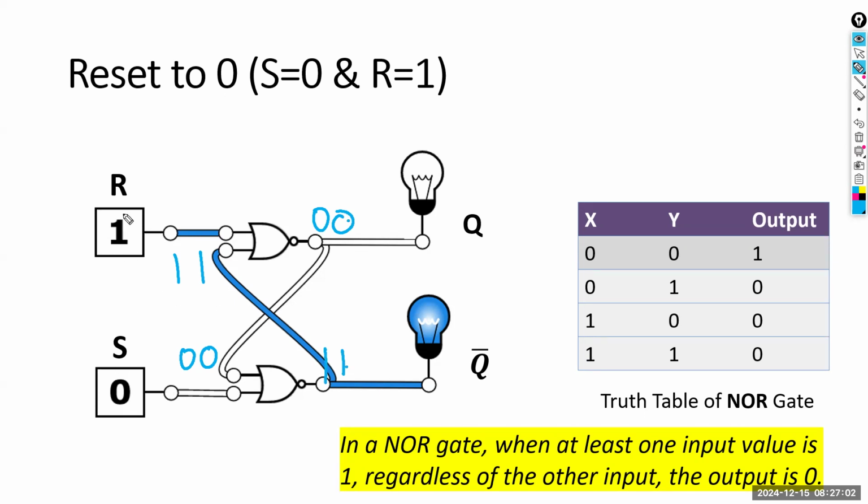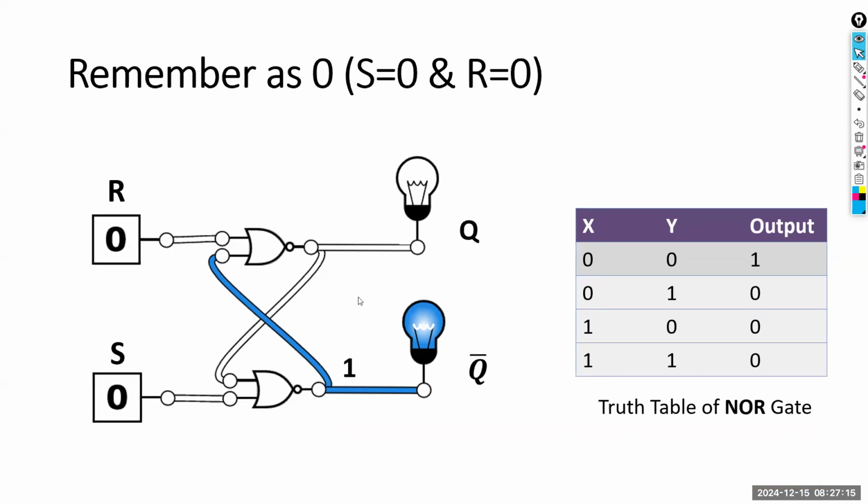By the time we make both 0, this is 1, this is 0. Now you start thinking from that point because we have reset it. Now we make it 0. So therefore for the next clock cycle, this is 1, this is 0.